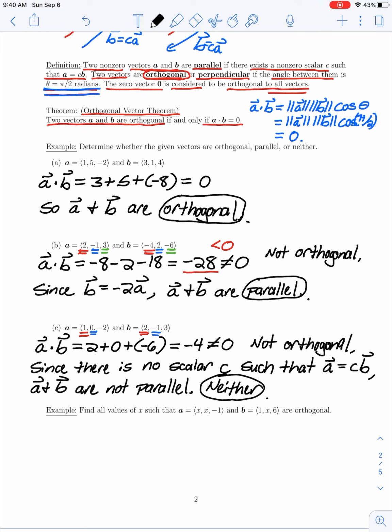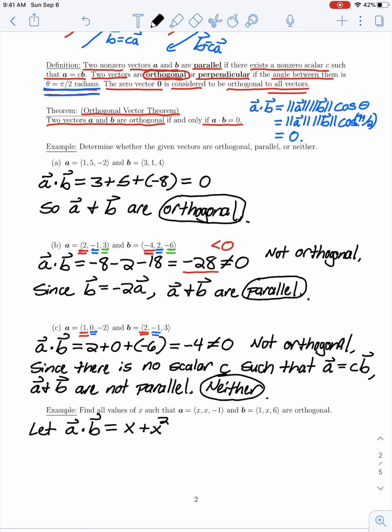We know the only way that two vectors are orthogonal is if their dot product, A dot B, is equal to 0. So let's calculate our dot product here. Multiplying the first components of A and B, we would have x, plus multiplying the second components, we would have an x squared.